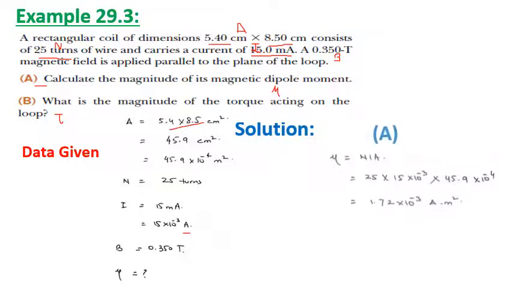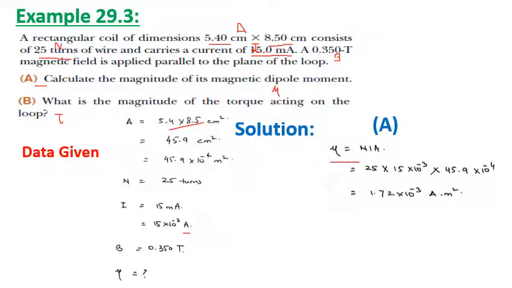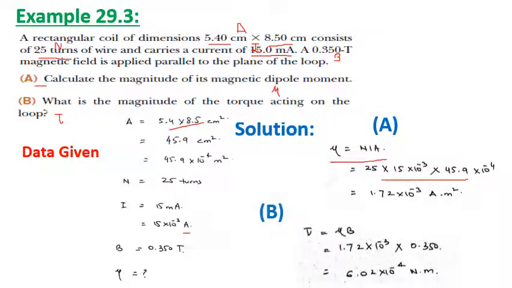For that, simply use this equation, mu equals N I A. Putting in the values, the value for mu will be 1.72 into 10 to the minus 3 ampere meter squared. For part B, we have to find tau. Simply write tau equals mu B, putting in the values, and the value for tau will be 6.02 into 10 to the minus 4 newton meters.